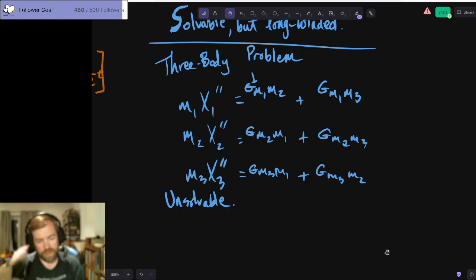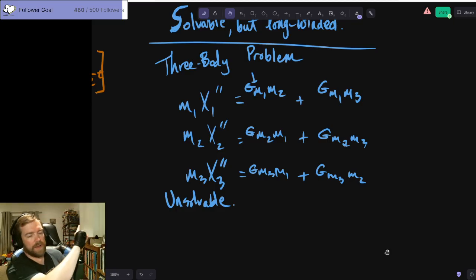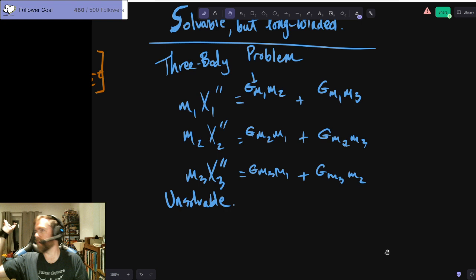The initial conditions P1 was 0, 2, 0, and P2 was 0, negative 2, 0. So compared to the other values on this particular attractor, they're, again, reasonably close. But the problem is that P1 ends up going this way, and P2 ends up going this way. They start moving in different directions.